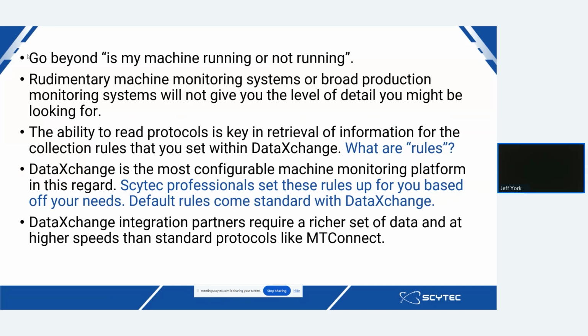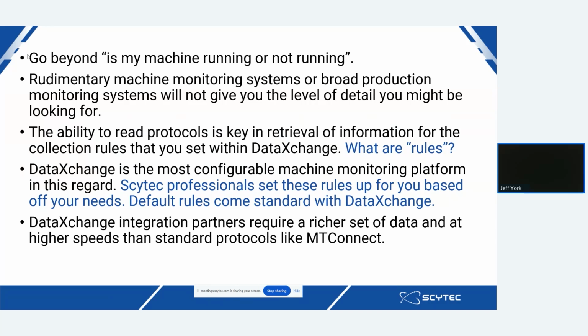I want you to think of these rules like a threshold that you define. For instance, say you have a machine out on your shop floor that is sitting at 29 minutes of unknown downtime. Once it crosses that 30-minute mark that you have set, your operator can get a Microsoft Teams message, text, or email notification to get out to that machine and fix whatever is wrong with it.